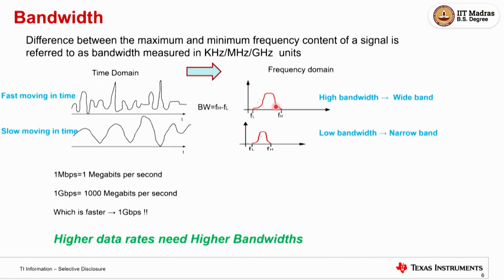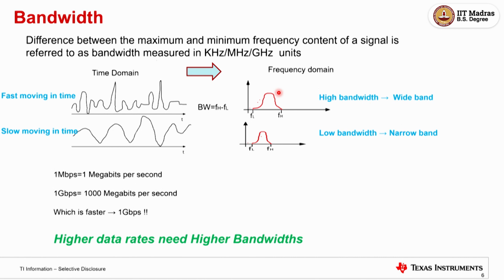The free space is there, and that is auctioned. If Airtel buys, say, 50 megahertz, this FH minus FL is equivalent to 50 megahertz, and somebody else will buy 100 megahertz, somebody else will buy 20 megahertz. That is where the spectrum and the bandwidth are related. If somebody wants to run a 4G or 5G area, obviously they need higher and higher bandwidths, because the higher data rates you want to support, you have to buy a larger bandwidth to send the information.